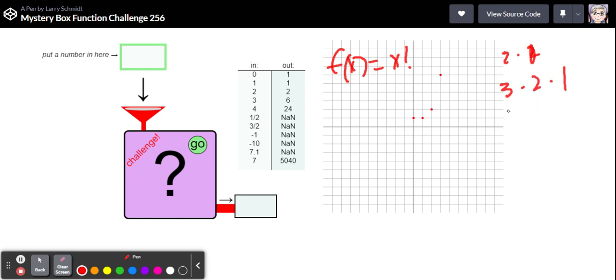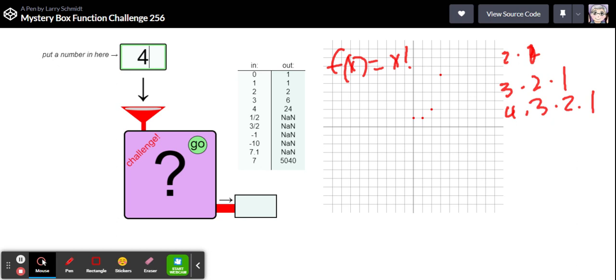That's what we get. 4 is 4 times 3 times 2 times 1, so that would be 12, 24. So let's put in a 4 and test that. There we go. So 4 is 24, and that bears this out.